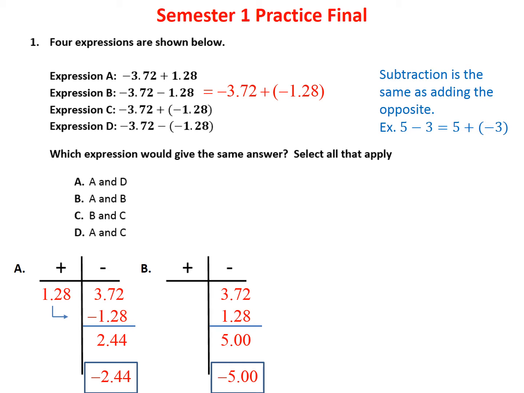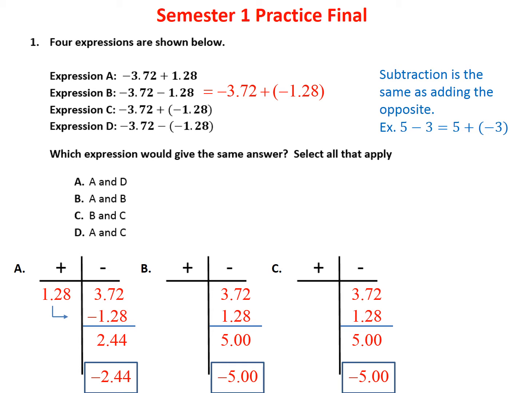Let's try number C. In C, we have negative 3.72 and we have a negative 1.28. Notice that this is going to end up to be exactly what we had, so we know now that B and C are the same. Let's try D to finish our problem out. Notice again on D we have subtracting a negative, so we'll change that into adding the opposite.